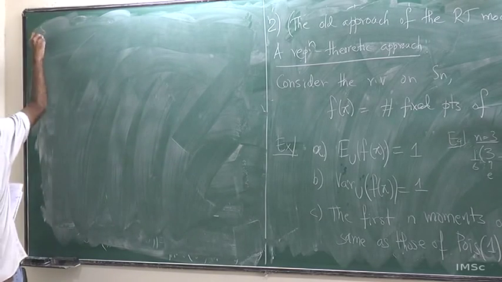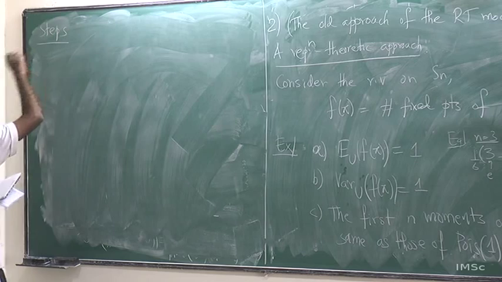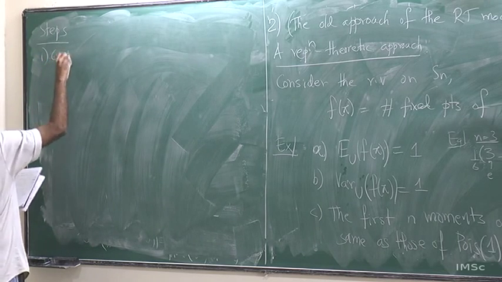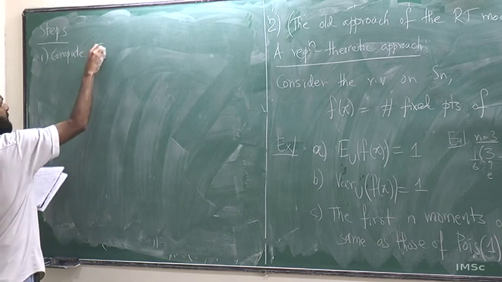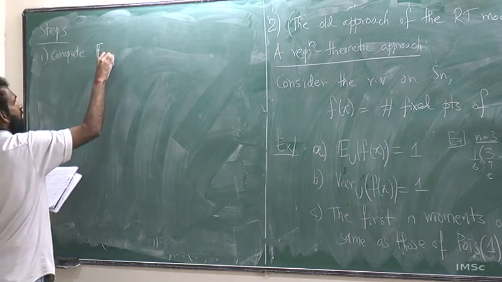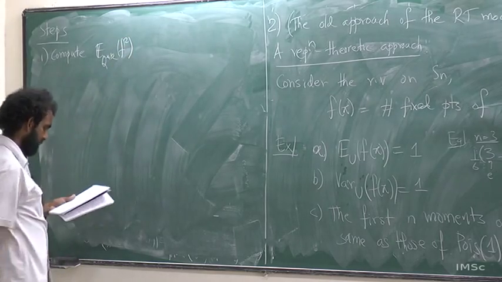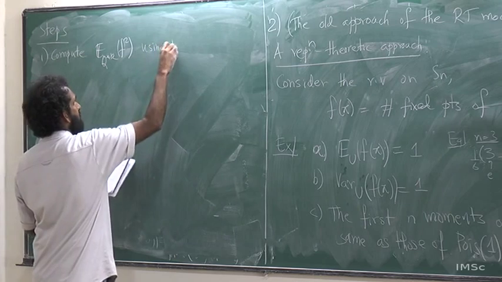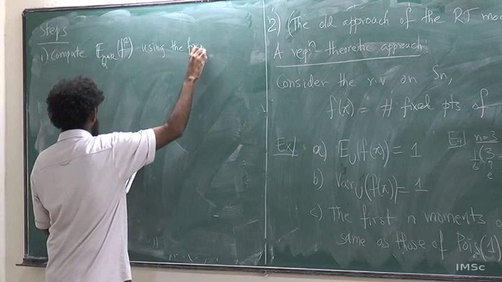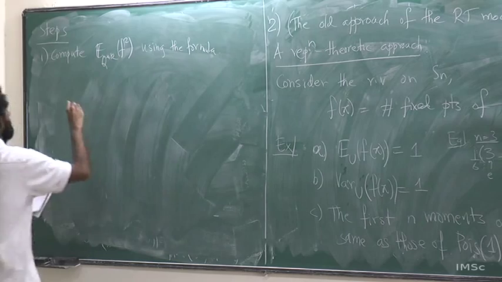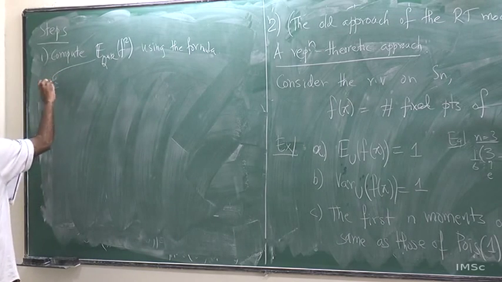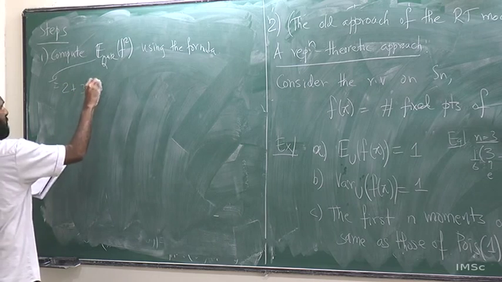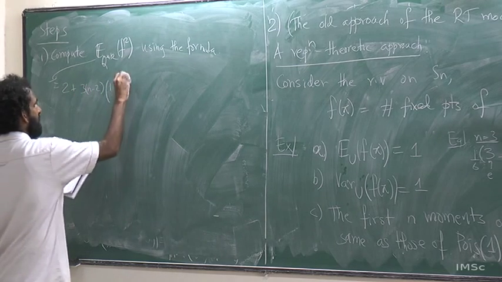So the steps now, what one would do: compute the expectation under q star k of f squared using the formula. This is equal to 2 plus 3 times (n minus 2, 1) times (1 minus 1 by n) to the k.